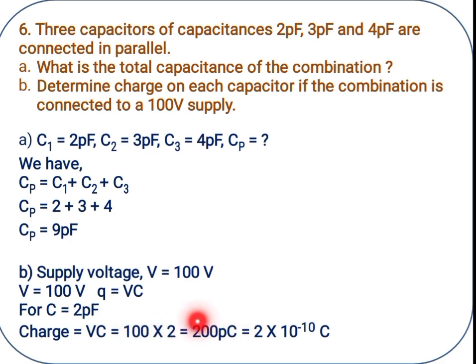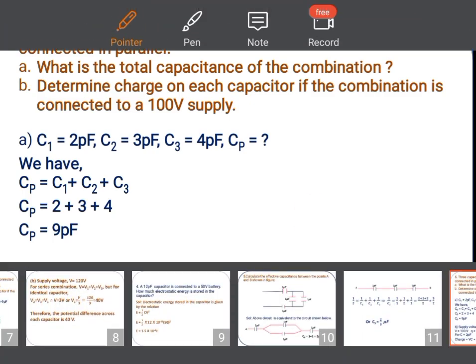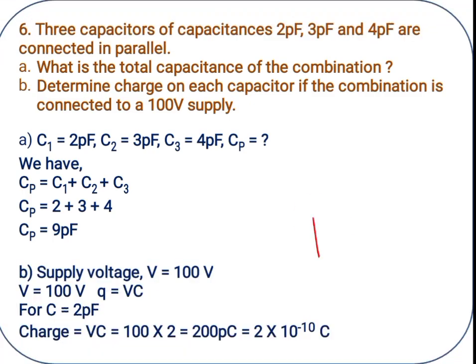So the total is 200 pico coulomb, that is 2 into 10 raised to, pico means 10 raised to minus 12, but here it is 200. So 2 zeros we have to deduct, so it will be 2 into 10 raised to minus 10 coulomb.